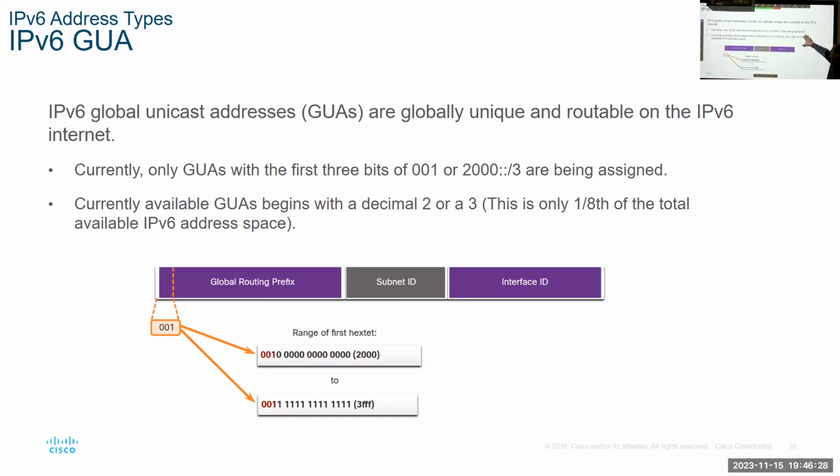So right now, only 1/8 of the entire IPv6 global or public address space has been released by the holders of those numbers. So from 2000 to 3FFF is what's currently available as globally unique, and they'll release the rest of it when needed. It may never be needed, because that's still a lot of address space.